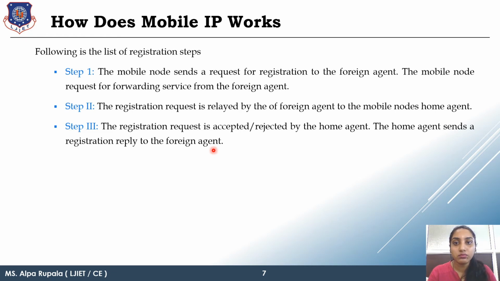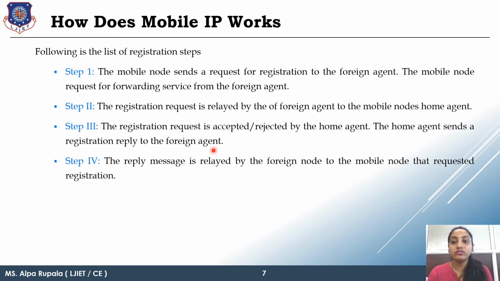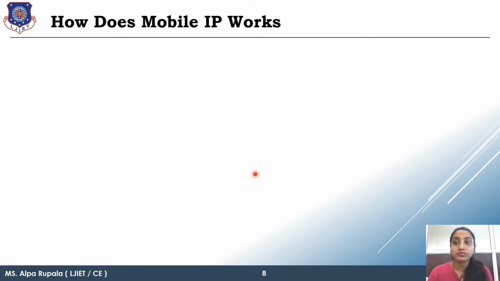If the routing table has a care of address, then it is in a foreign network. If the routing table does not have a care of address, then it is in a home network. After the routing table is updated, the reply message is sent to the foreign agent, and the foreign agent will send the reply message to the actual mobile node. So this is the whole registration process.